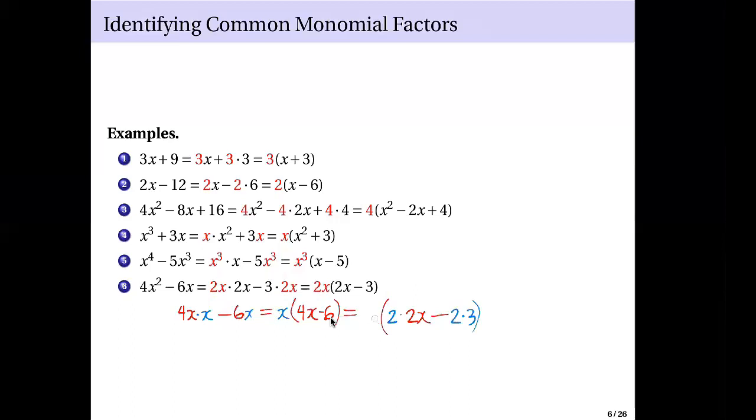Let me change the color of this. And therefore, 2 here is a common factor, and therefore, we can write this now finally as 2x times 2x minus 3. Okay? You can do this solution. But again, you will have added steps.